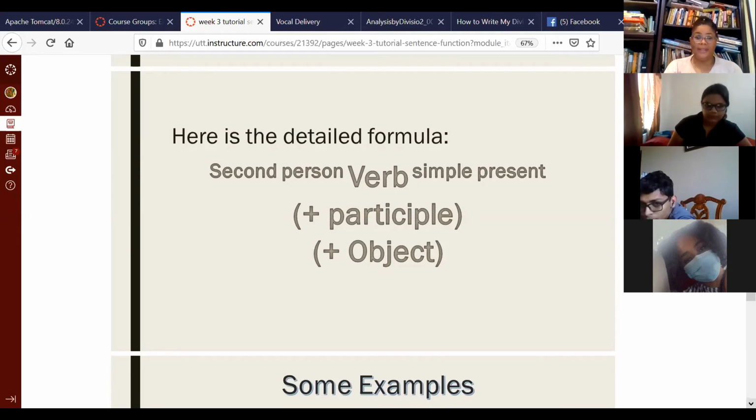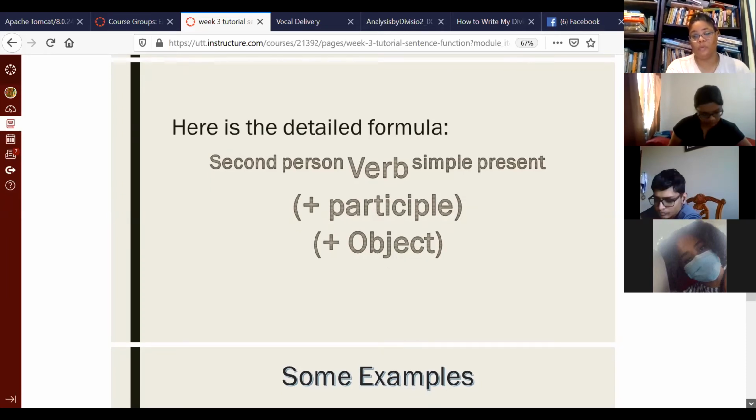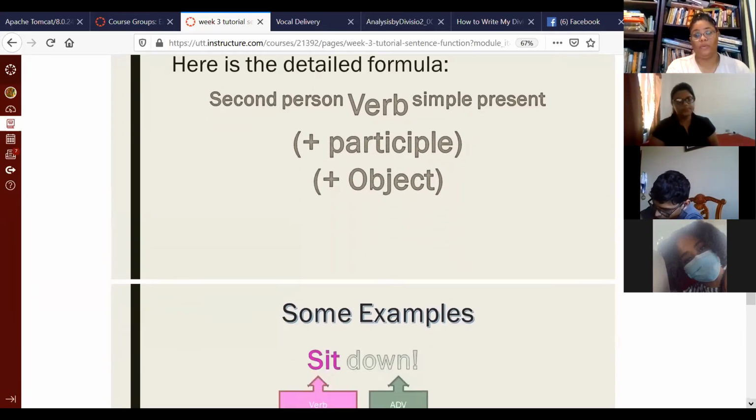So the present tense, second person form of the verb, plus a participle, which is the extra suffix we add on a verb, and the object, the person or thing you're giving the command to, right?